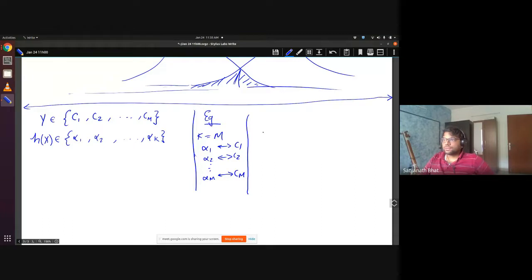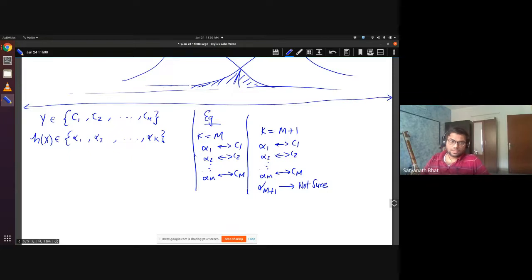But for another example, k is equal to m plus 1, where alpha 1 to alpha m are the same, whereas alpha m plus 1 is the case where I want to say not sure. My classifier, if it is not able to tell very clearly either of these things, wants to say something else, so it can have something called not sure.